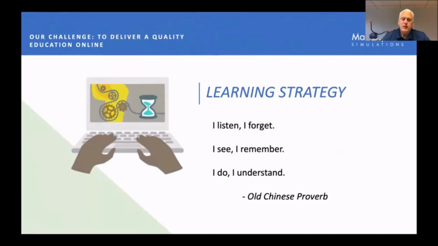If you think about it, we can tell you how to run a class with Marketplace online, and you'll forget 90% of everything we tell you. We can also show you, which we will do, and you will remember. You're going to be doing everything, and that's so you will understand and be able to do it yourself.